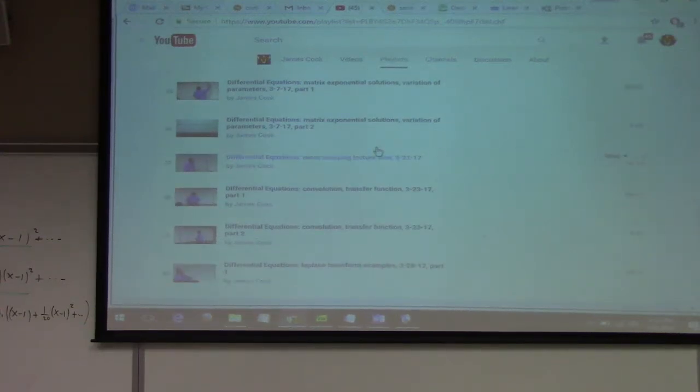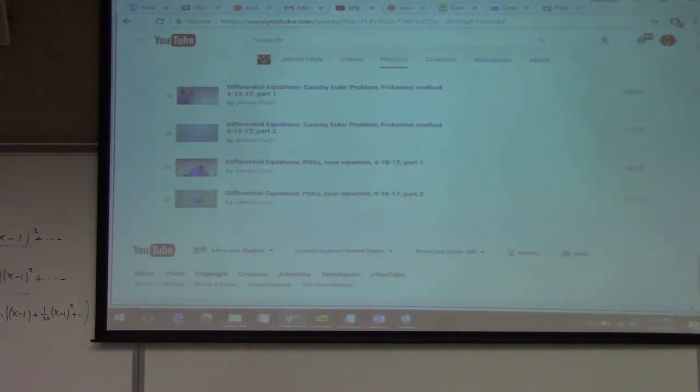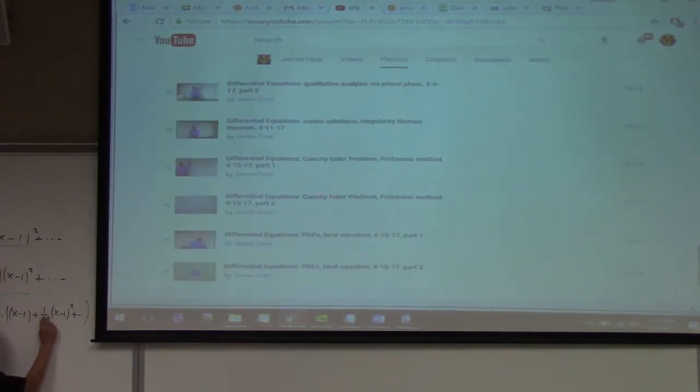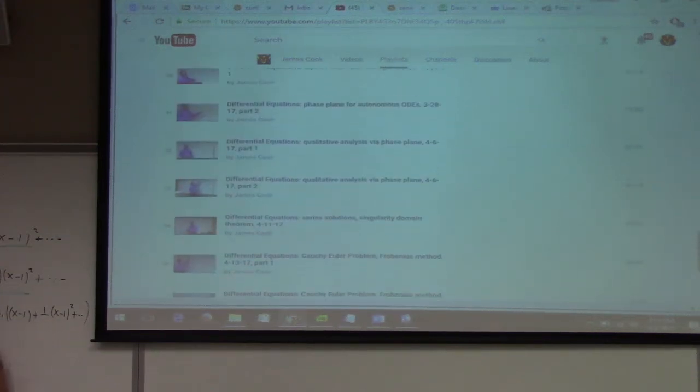Not Laplace transform, Laplace equation. No, I mean wave and Laplace equations, from like last week? Oh, so I'm missing a day in here somewhere.